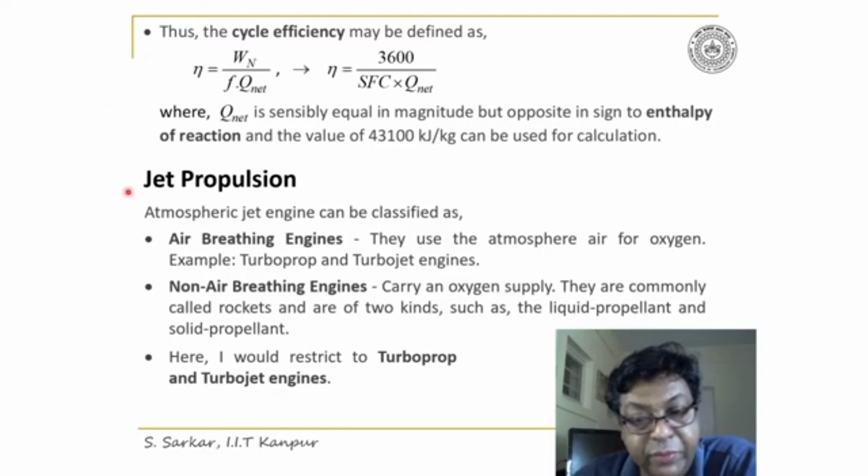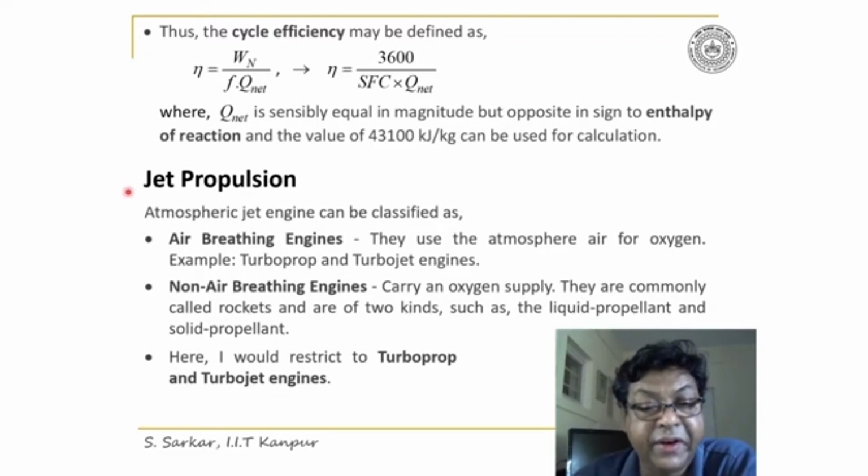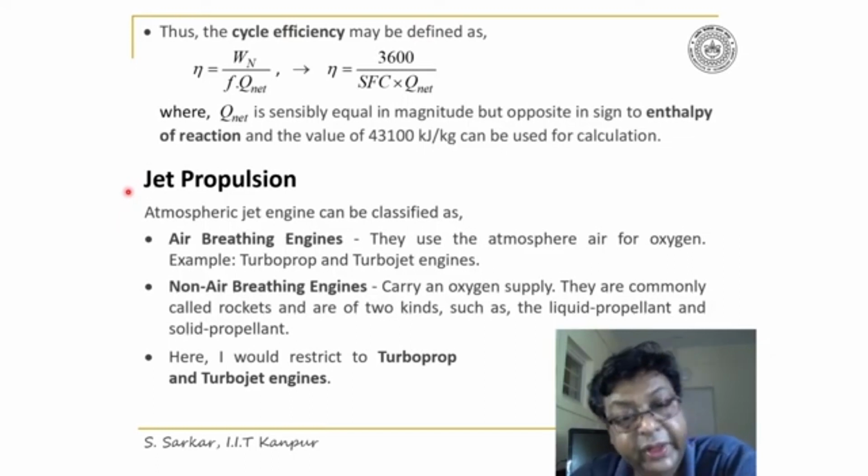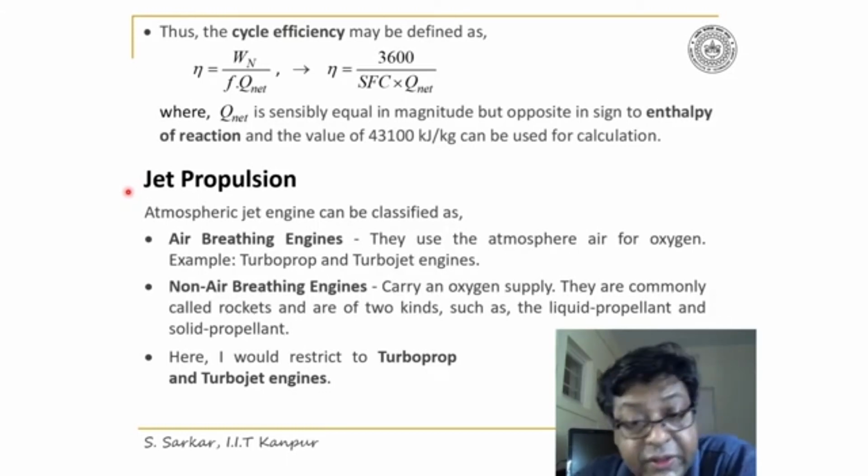Now I'll discuss jet propulsion. Jet engines can be classified as air-breathing engines and non-air-breathing engines. Air-breathing engines use atmospheric air for oxygen. Examples are turboprop and turbojet engines. Non-air-breathing engines carry their own oxygen supply.